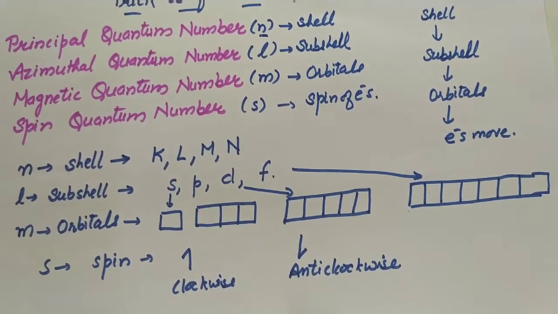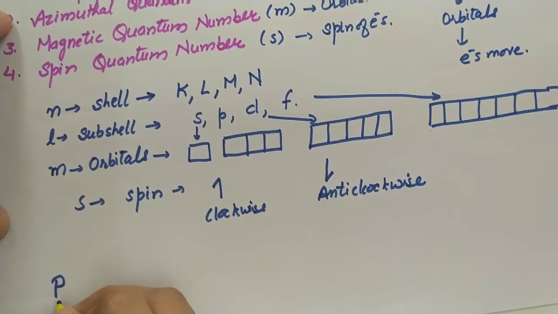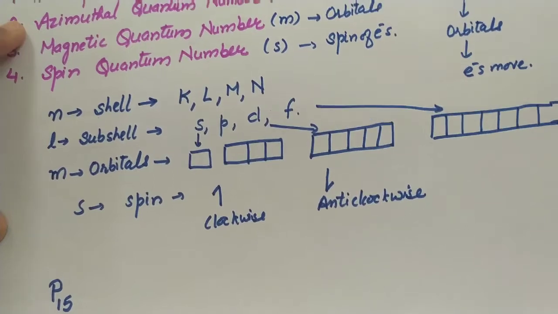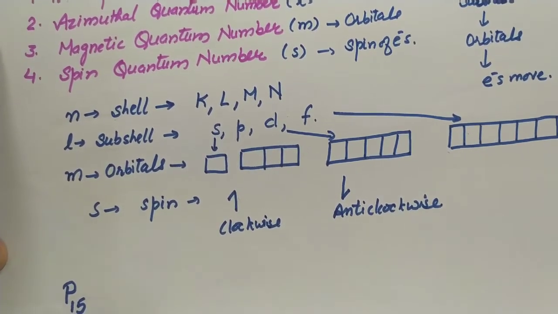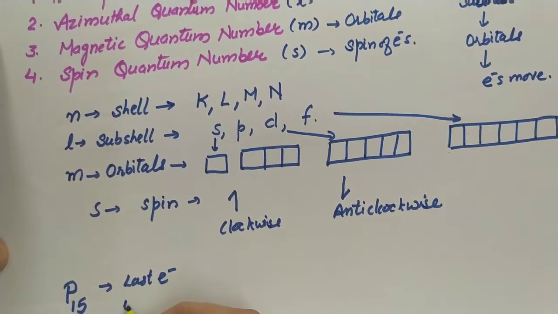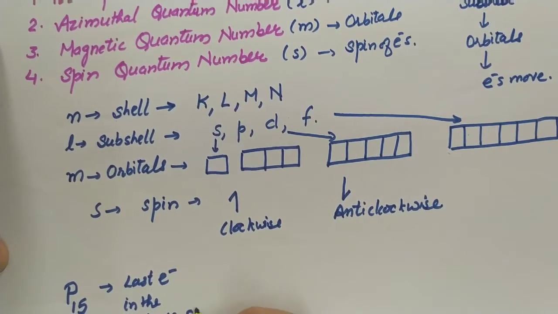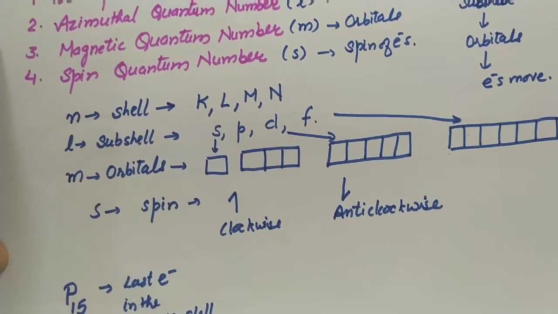Now I will explain all these things by taking examples. For example, if I take the example of phosphorus, its atomic number is 15, and if I want to know the four quantum numbers of the last electron in the valence shell, how will I calculate all four quantum numbers with the help of the electronic configuration?